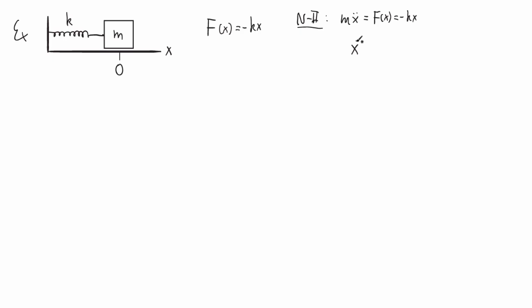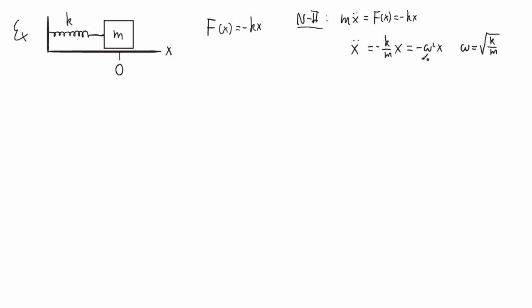So x double dot is minus k over m times x. And I'm going to rewrite this suggestively as minus omega squared x, where we have defined omega as the square root of k over m.